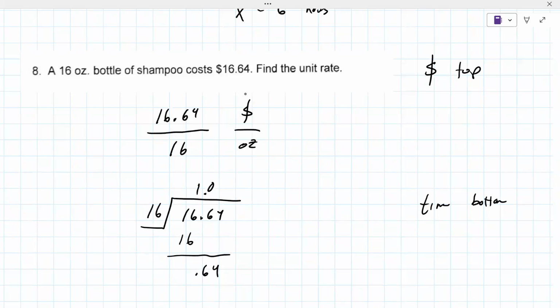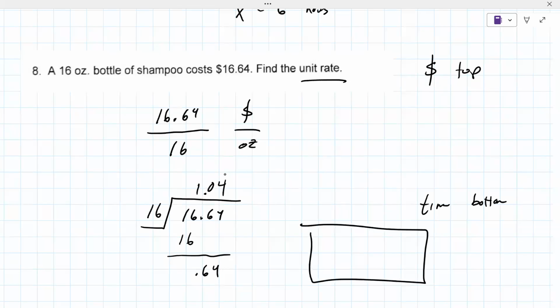So 32. 64. So 4 times. Okay, what's your final answer? It would be $1.04. Yes.